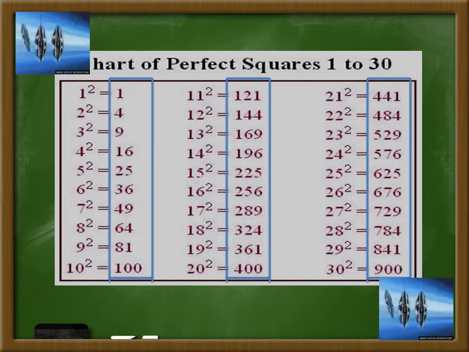You have 1, 4, 9, 16, 25, 36, 49, 64, 81, 100, and so on up to 900. So where do you get those perfect squares? By squaring a number, you will get a perfect square number. For example, you have 1 squared, 2 squared, 3 squared, 4 squared. By squaring a number, you will get a perfect square number.